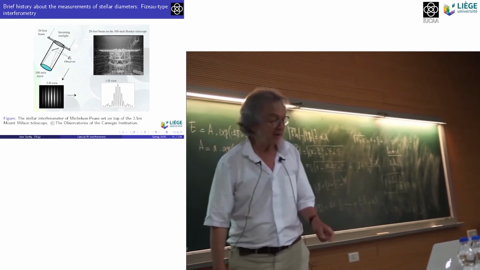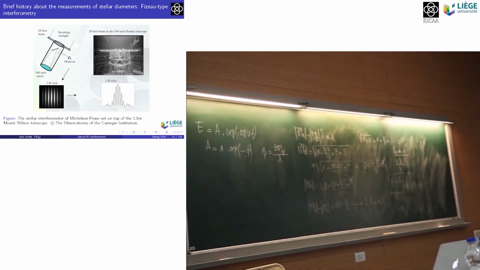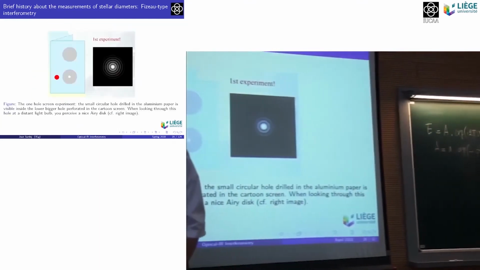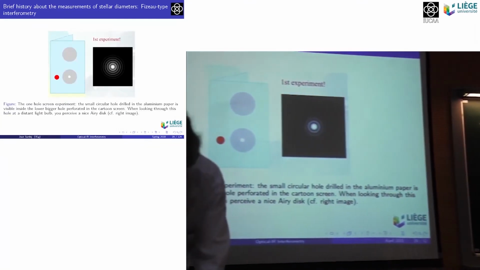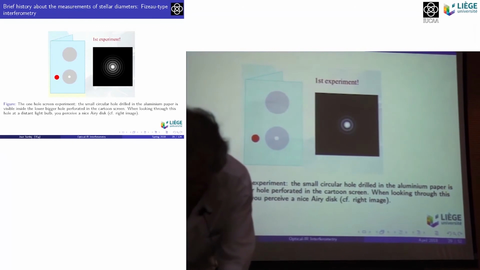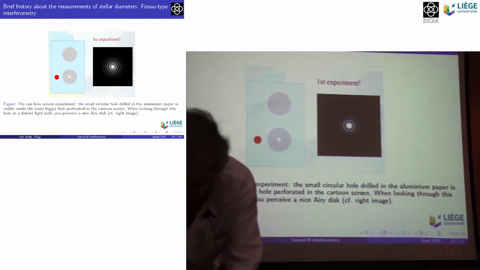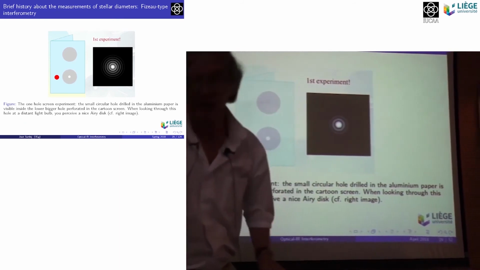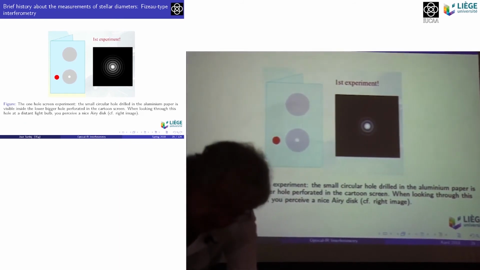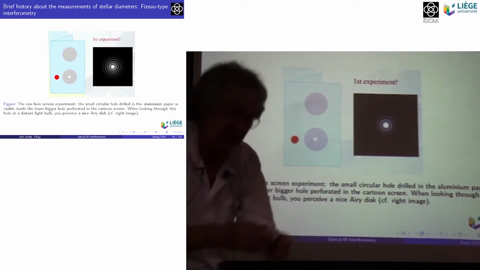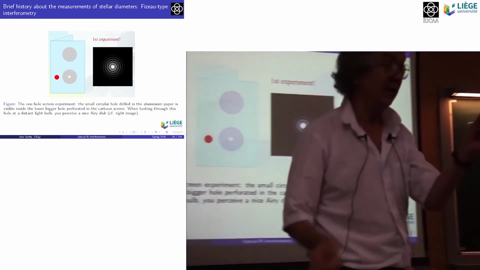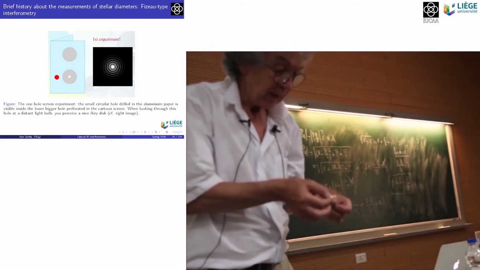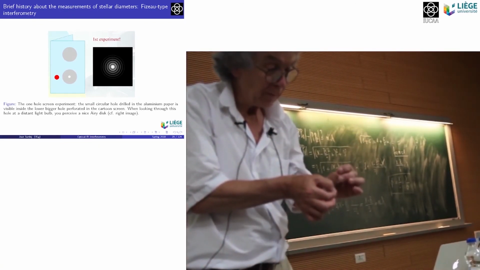First experiment: you will receive a piece of cardboard, then a little sheet of aluminum, then a needle. What you try to do is to make, near the center, a hole.